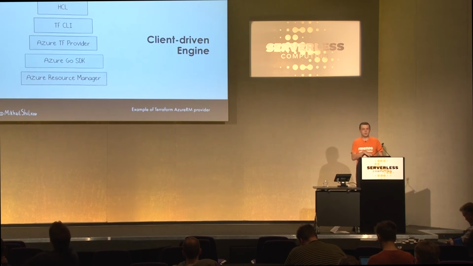It compares to the state. It produces the plan to go, and then it calls out to providers. In this example, to the Azure provider, please create this resource. And then the Azure provider calls the Azure Go SDK, and in the end, it all ends up with ARM, Azure Resource Manager.